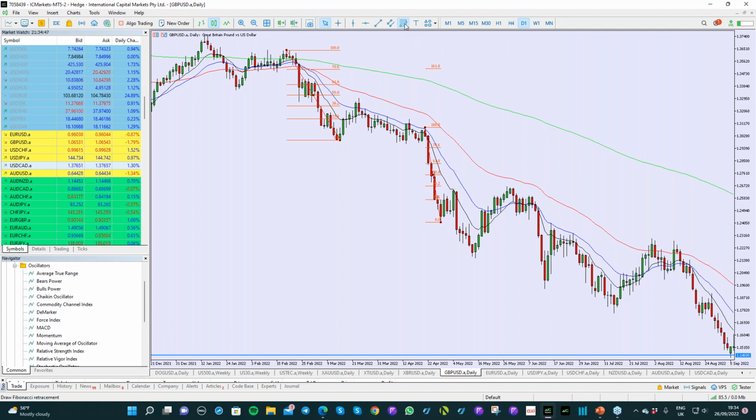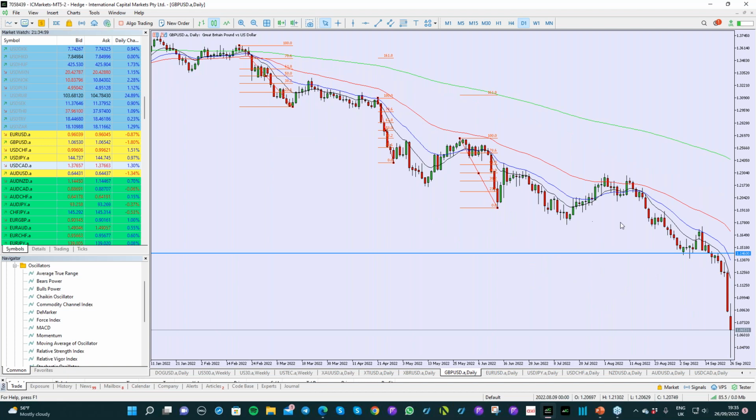We can look at from this high down to this low price, and look at this pullback, which has come to the 61.8 level, and all the way down. So we can look at this high down to this low, for example, and again, that pullback is coming to around the 38.2 level.